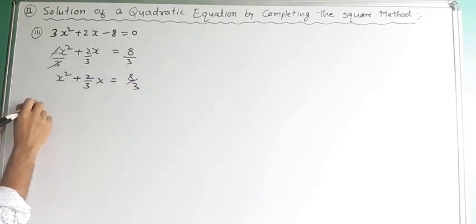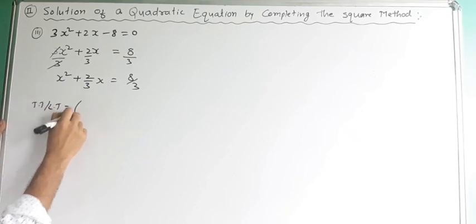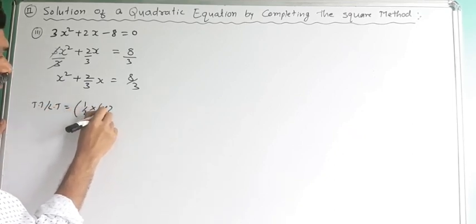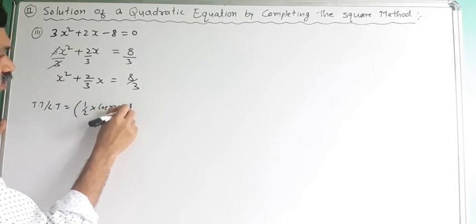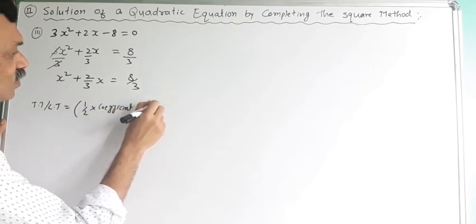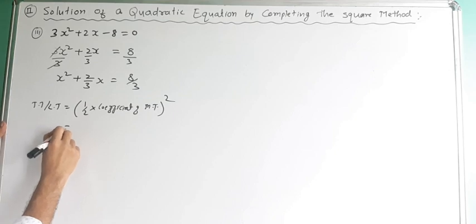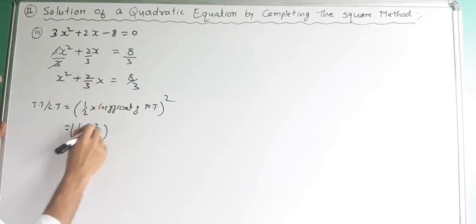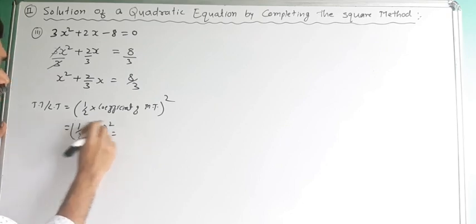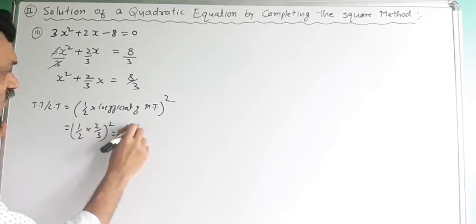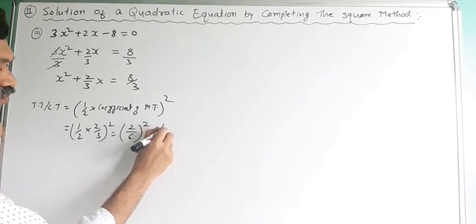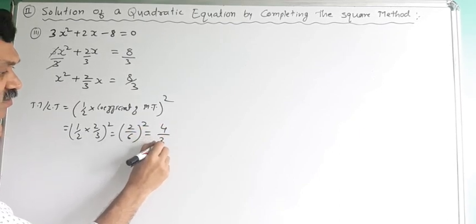We know the third or last term is equal to half into the coefficient of the middle term, the whole square. So this is half into 2 upon 3, the whole square, which is 2 upon 6 the whole square, which gives us 4 upon 36.